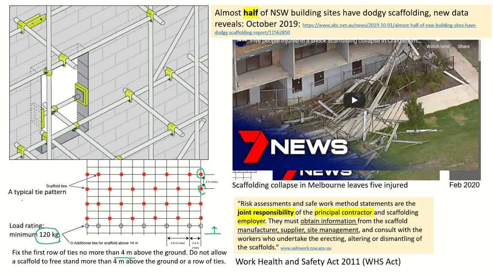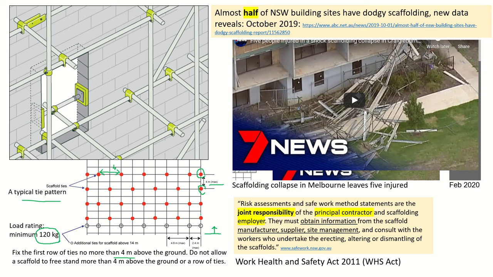So this is just a typical pattern showing that there are 4 meter distances between all the ties, but you can change the pattern, but you need to always consider this 4 meter maximum distance as well.